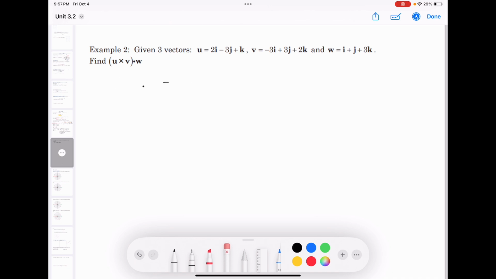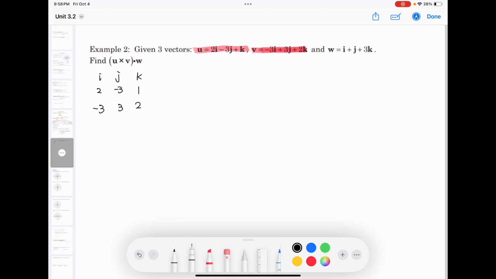So if I want to find the cross product, what should I do? I can highlight my U and V. So first step, I can list the IJK components vertically. IJK. So for the U, we have 2, negative 3, and positive 1. And for the V, we have negative 3, positive 3, and 2.